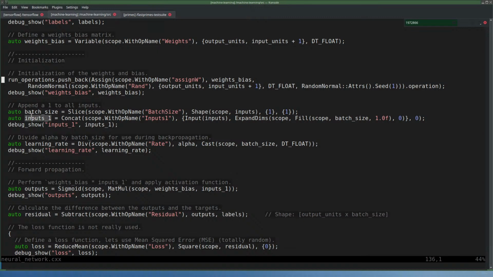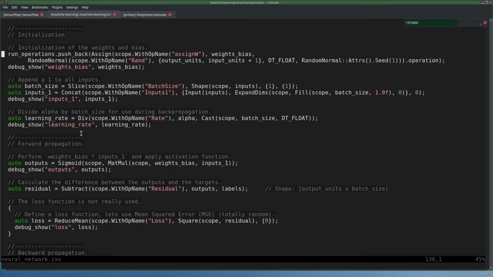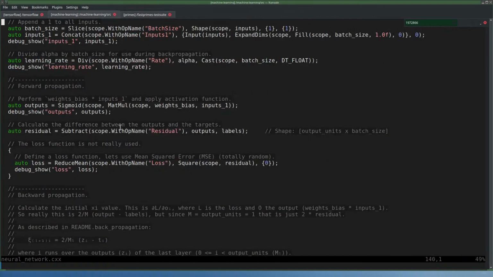And inputs 1 is the same as inputs, but then with a lot of ones, so that we can put the bias into the weights matrix. So add ones to the input. Yeah, another constant that we need. The forward propagation is still quite short, I guess.